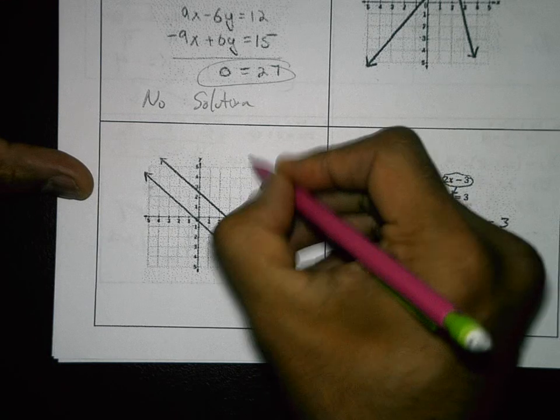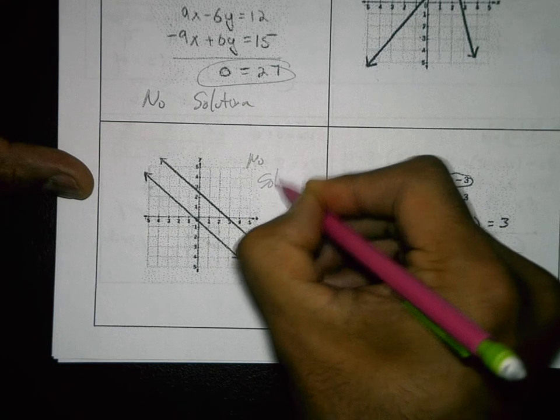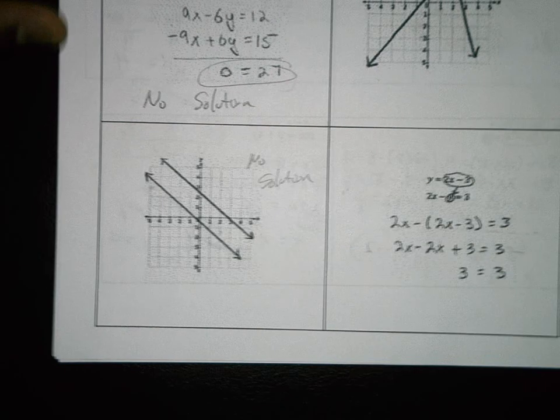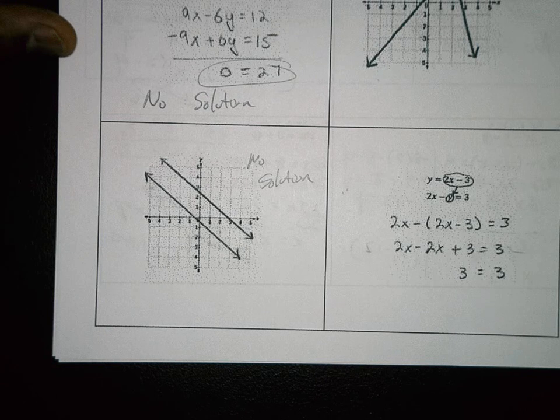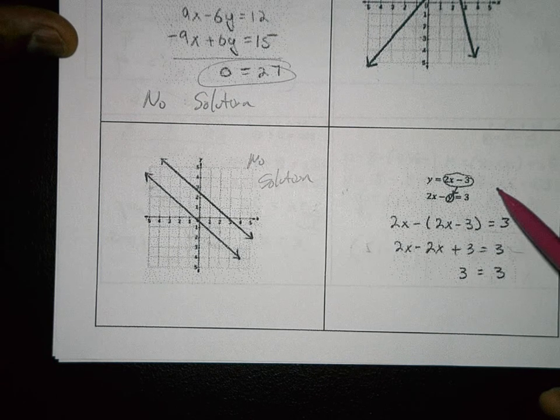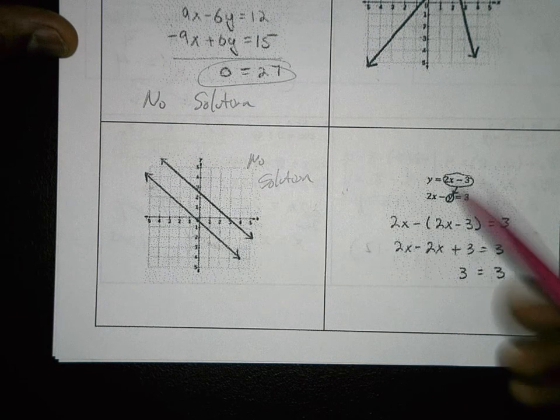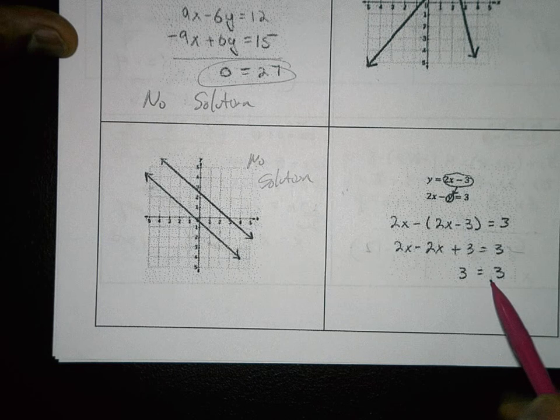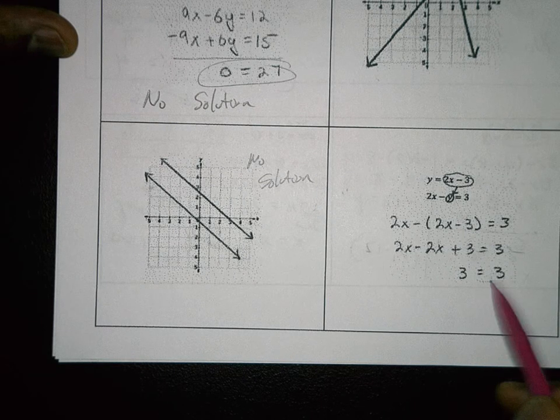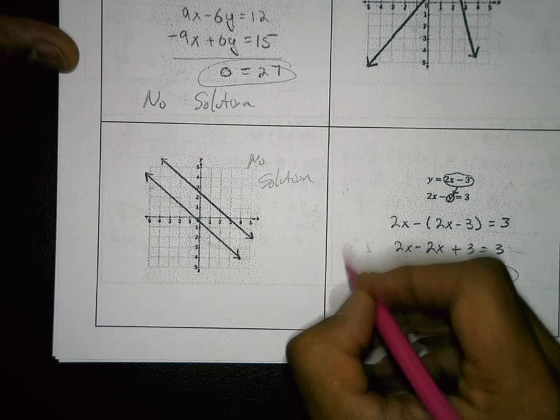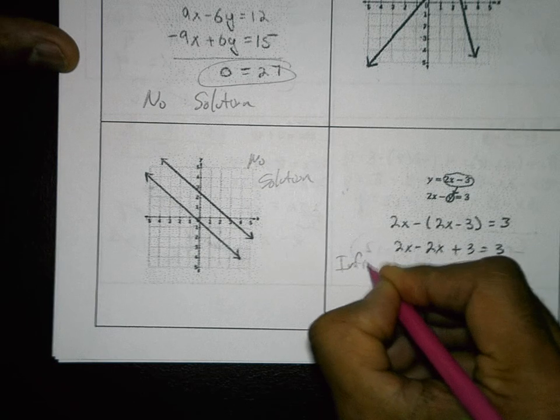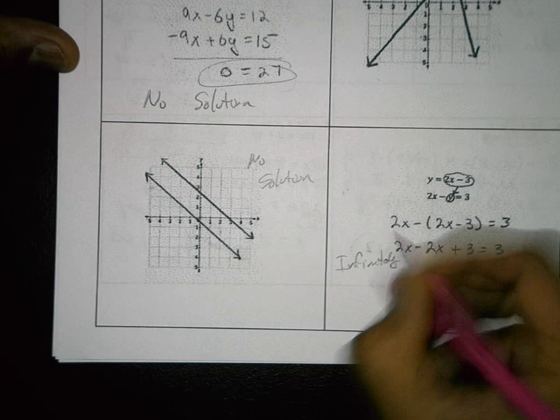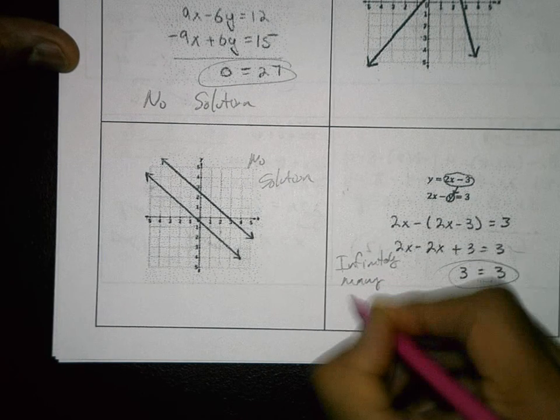So this is also no solution. And then in this one it looks like they did the substitution method, and we got 3 equals 3, right? That is a true statement, so this is infinitely many, or an infinite amount of solutions, all right?